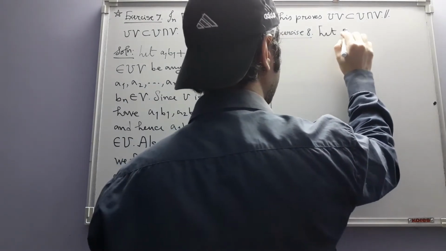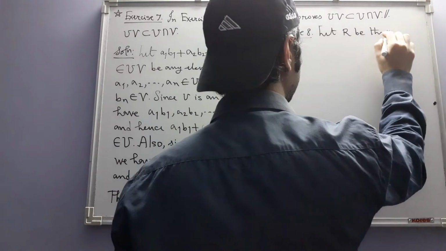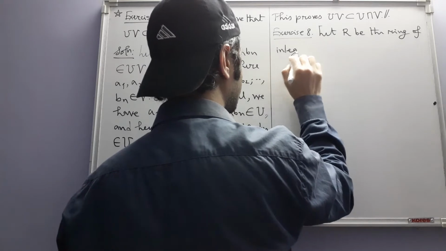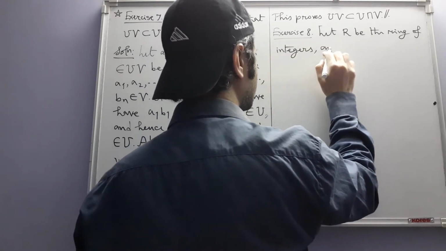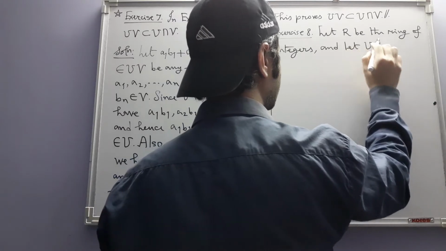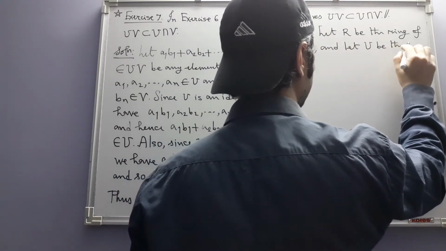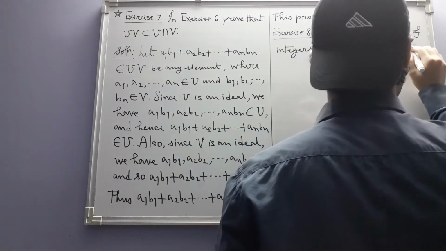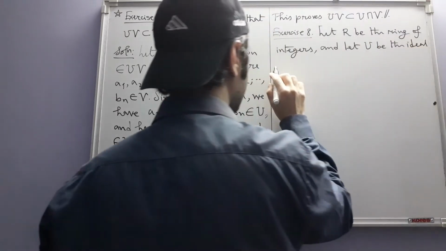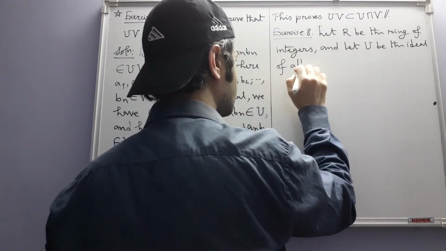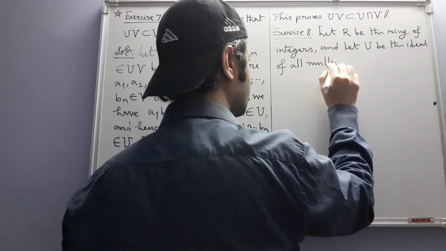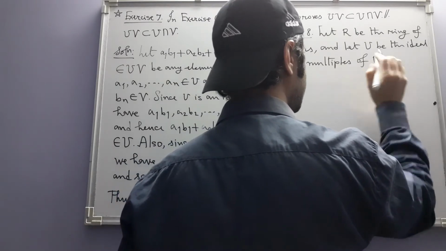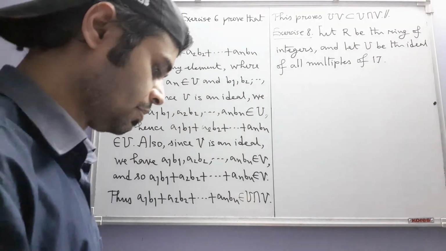Let R be the ring of integers and let U be the ideal, or they have written set ideal, of all multiples of 17. Okay.